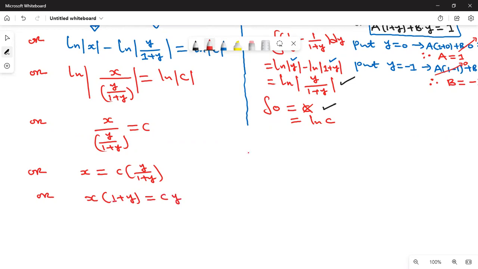This is our general solution. So what you have found here is called a general solution. Let me bracket it again. So you can write, this is the general solution.